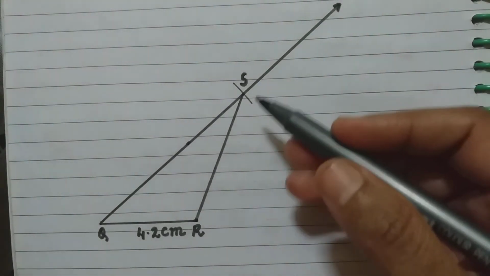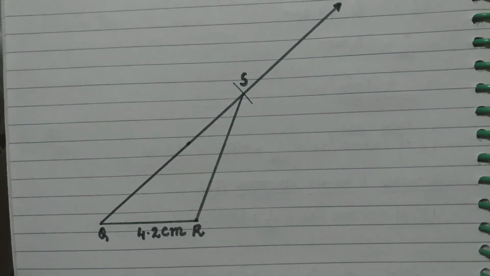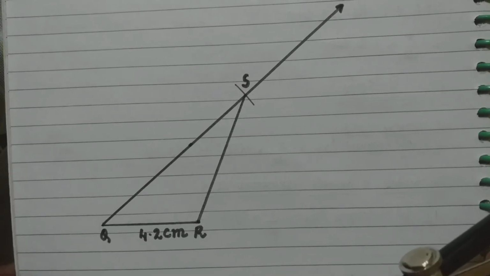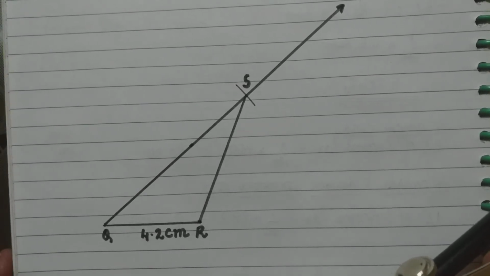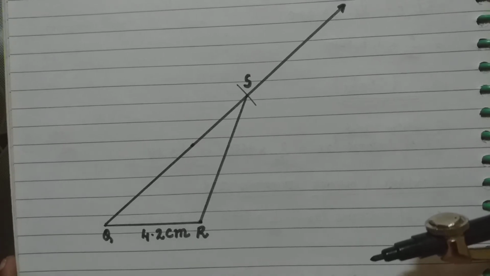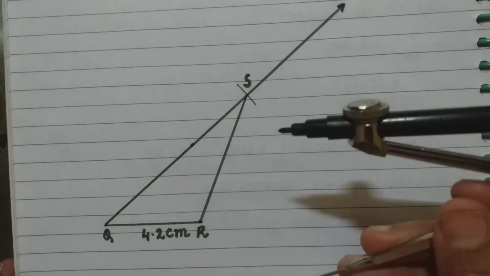Now we have to draw the perpendicular bisector of this side SR. To draw the perpendicular bisector of the side SR, we have learnt earlier when we drew the circumcircle how to draw the perpendicular bisector of the sides. Each time we have to take a radius which is little more than half the length of the side.